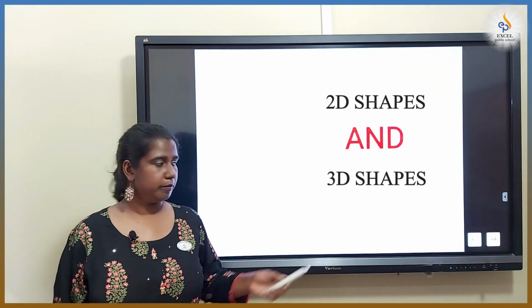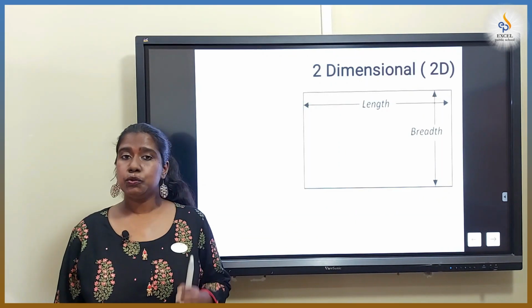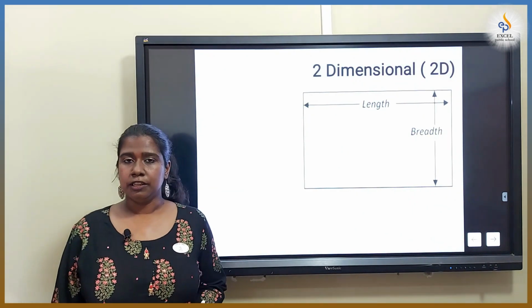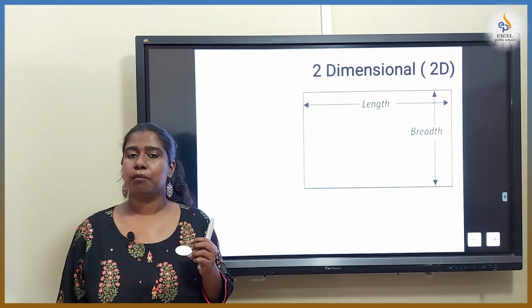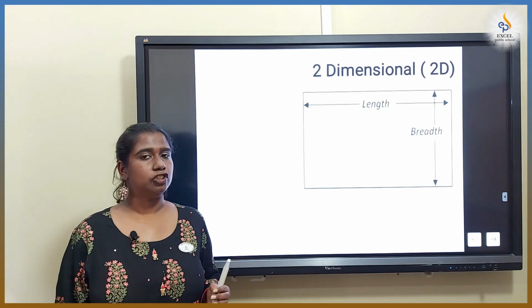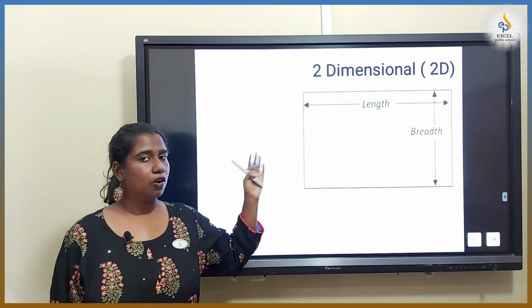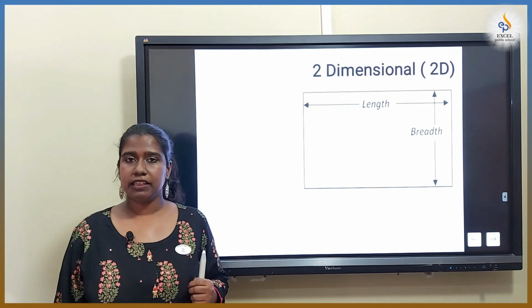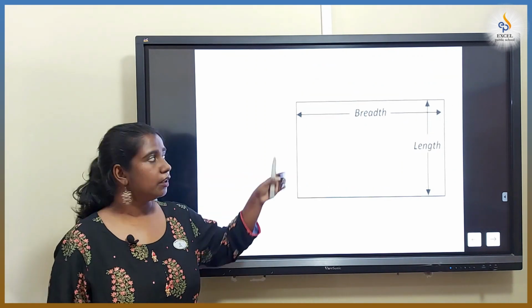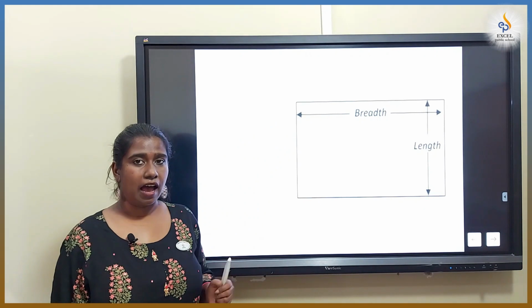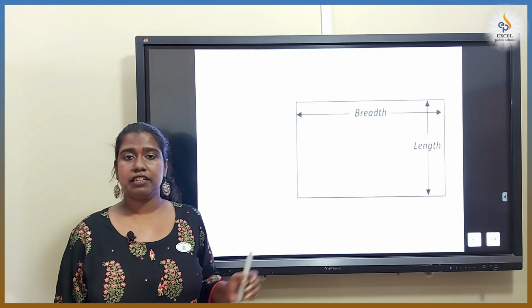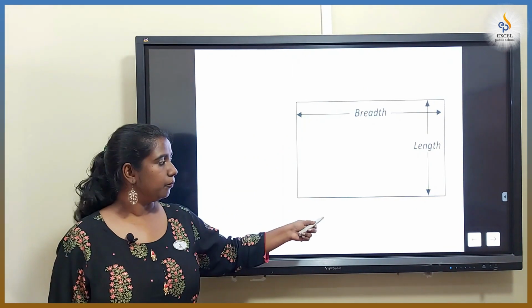So, 2D shapes means two-dimensional. That is, we can measure the dimensions length and breadth. In this picture, length is shown by the longer side and breadth is shown by the shorter side. Breadth can also be represented by the longer side and length can be represented by the shorter side.